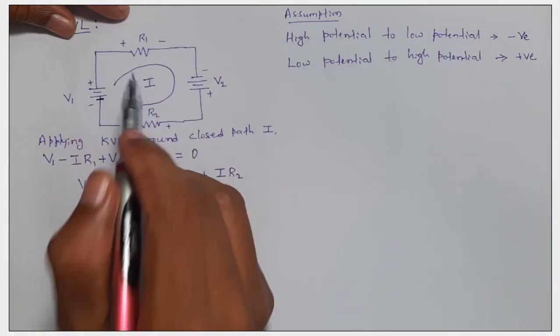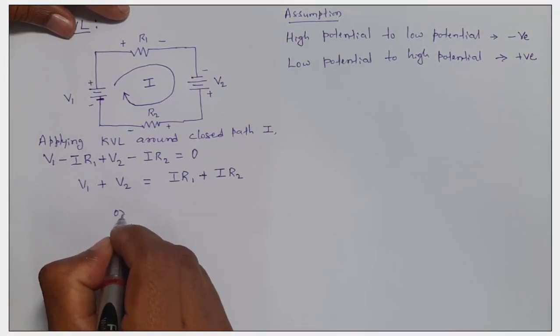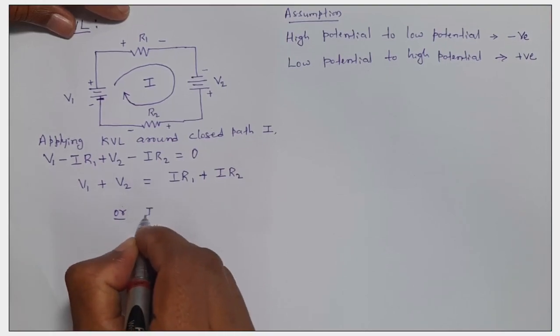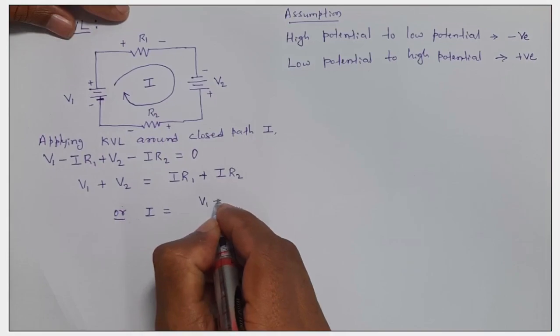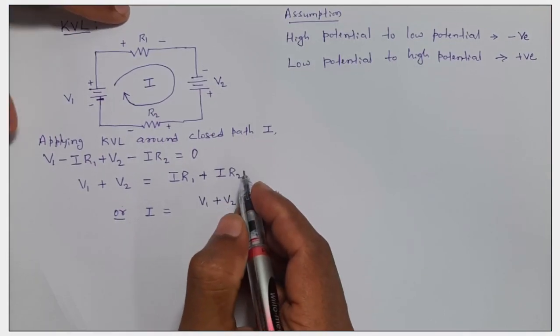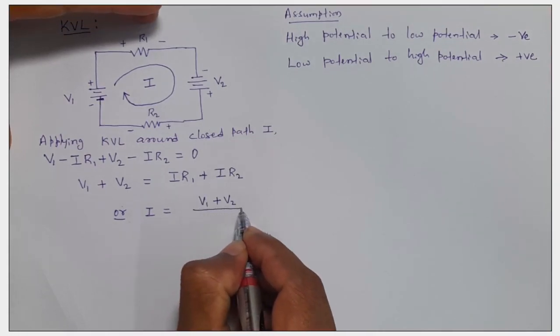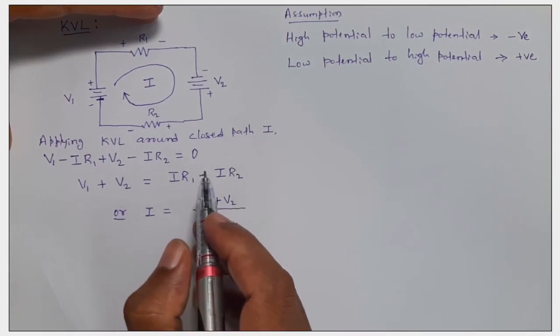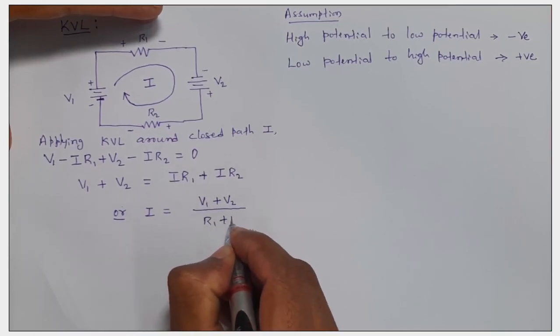Here the unknown is the current I. So I is equal to V1 plus V2 divided by R1 plus R2.